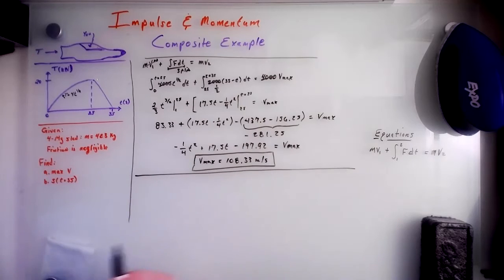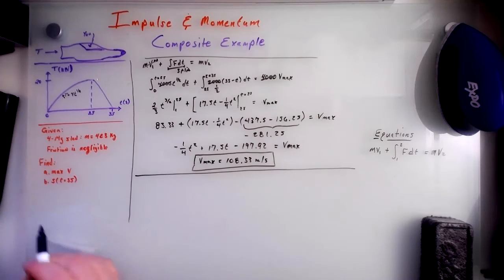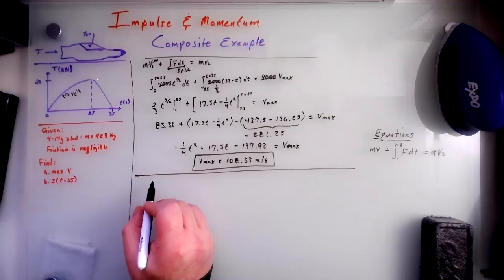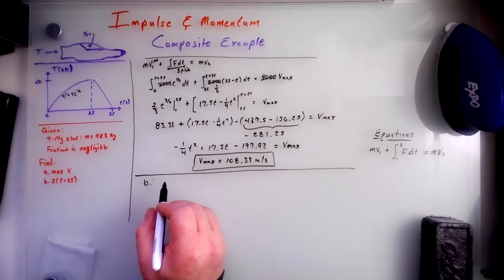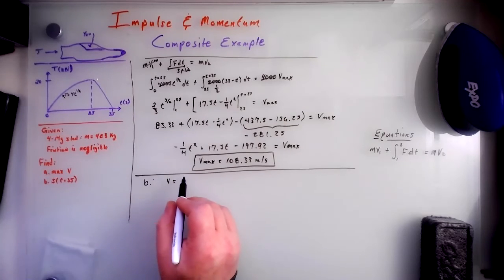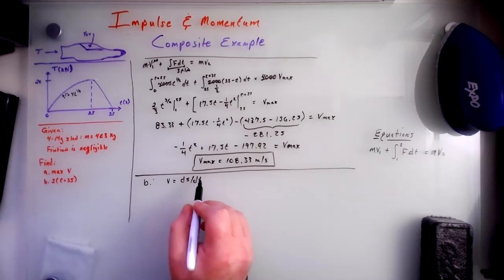In the second part of the problem, same strategy. Now we're interested in S when t equals 35. Again, we should use the variables that we have to figure out which equation to use. We have t, s, and v, which tells me that for part B we start with v equals ds dt.